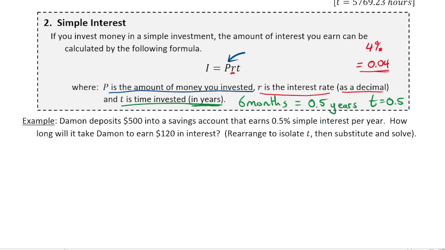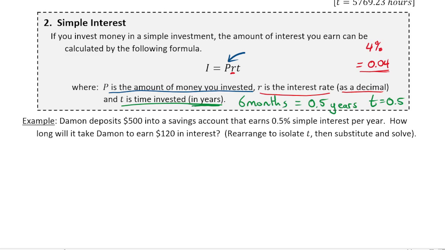But if you put it into something like a GIC or the stock market, mutual funds, technically crypto would be an investment, although it's a riskier one than a lot of the other ones. The interest is simply how much that money accumulates, how much it earns in 1 year.